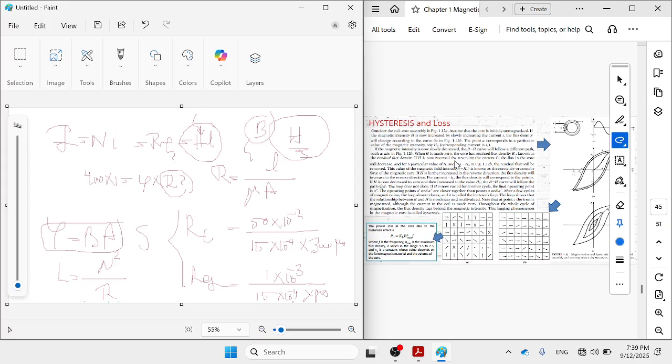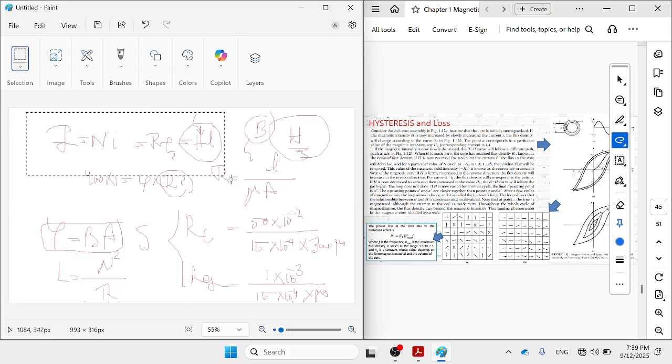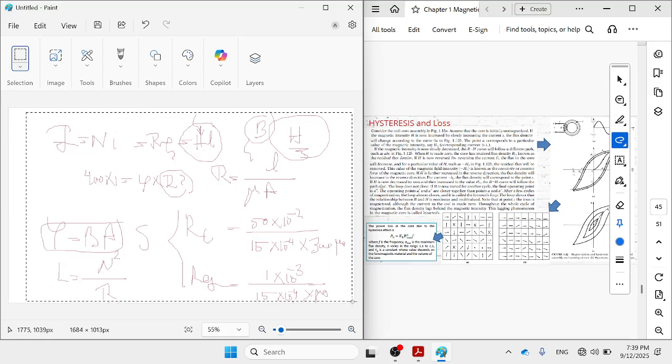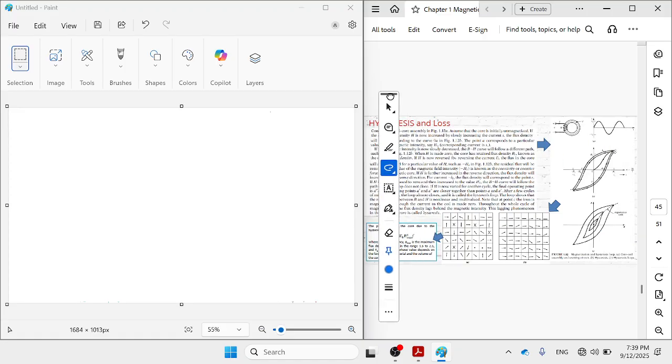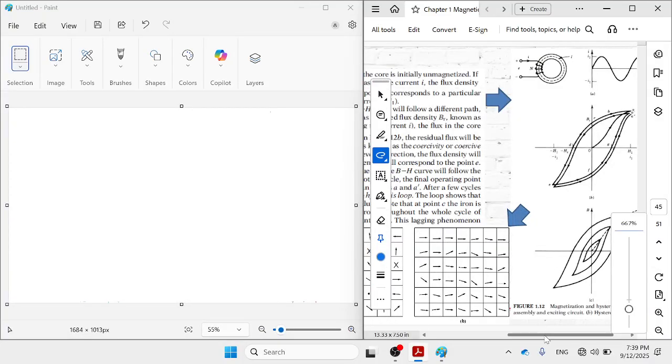Next step, hysteresis and losses. I think I explained this one before in simple words. Hysteresis is exactly related to the BH graph. As you can see here, let me zoom in.